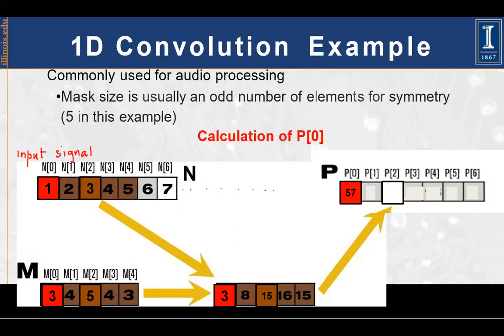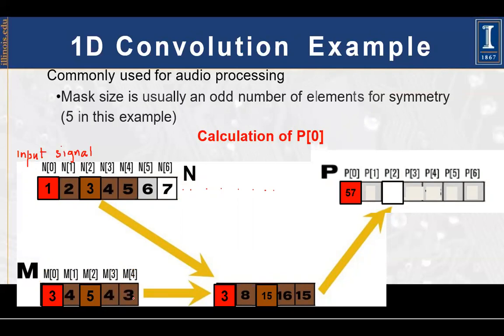I will apply this filter on this signal. Maybe after some time there is another signal, maybe n dash, and I will apply it on that. So for one kind of filter, I have one mask with these fixed values.